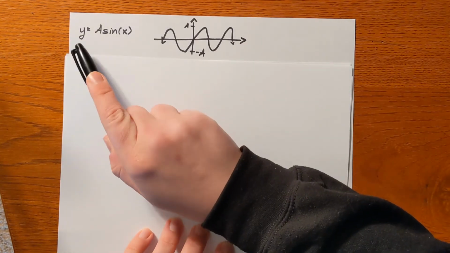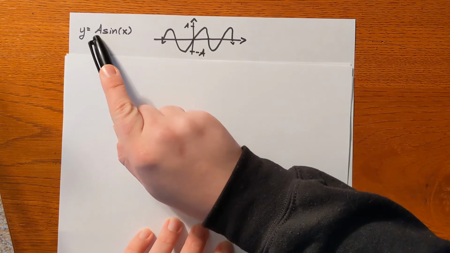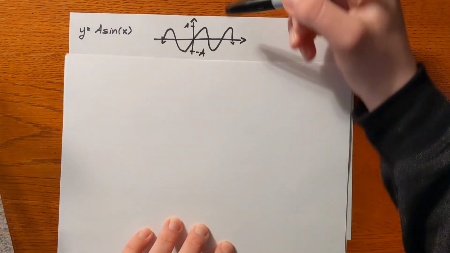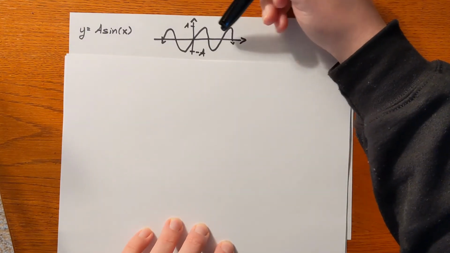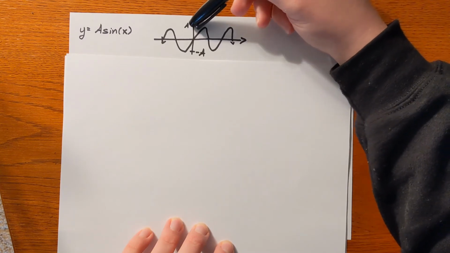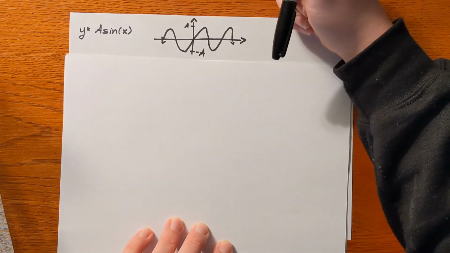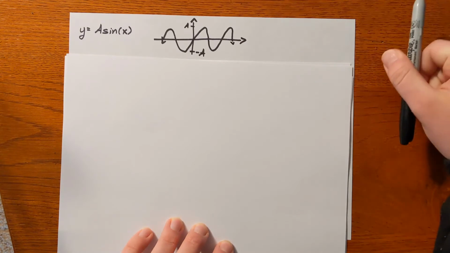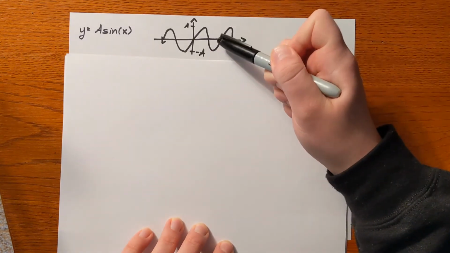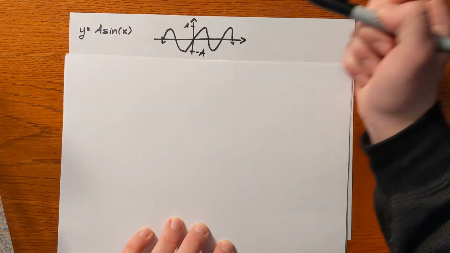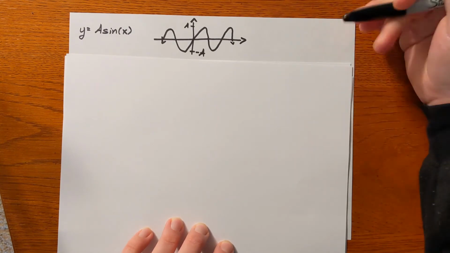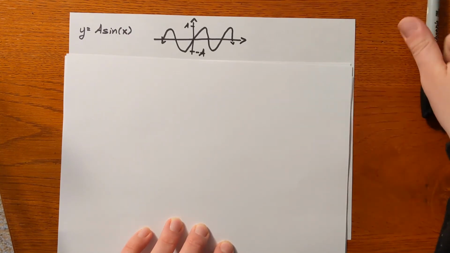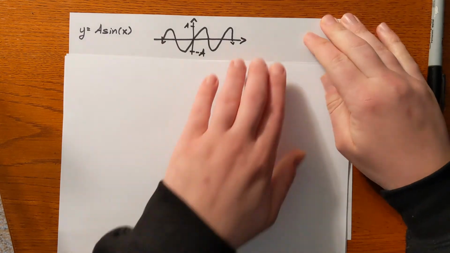If we had an example like this, where we are multiplying sine by some number a, all that does is it makes our waves a units tall, both in the positive and the negative directions. And that's all it does. So if you're given a graph and they say, what's the amplitude? You just look at how tall the waves are, and you say that. And either direction you can use. Okay?